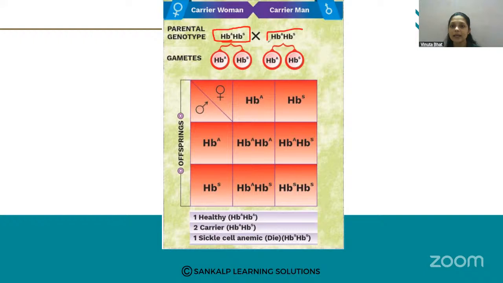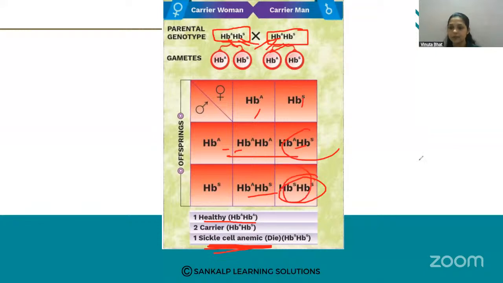When these two carrier parents are crossed, there is a chance of HbA HbA, HbA HbS, HbA HbS, and HbS HbS. So here only one healthy individual is there, two carriers, and one sickle cell anemic, that is HbS HbS.